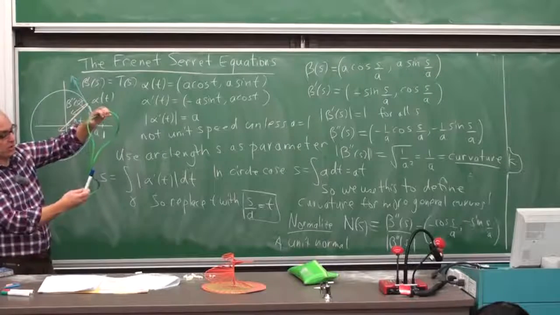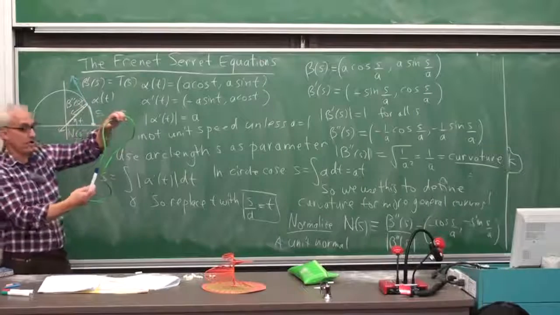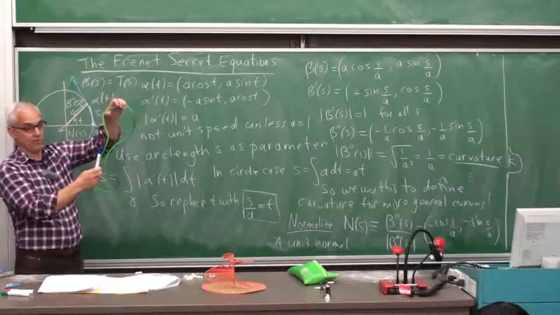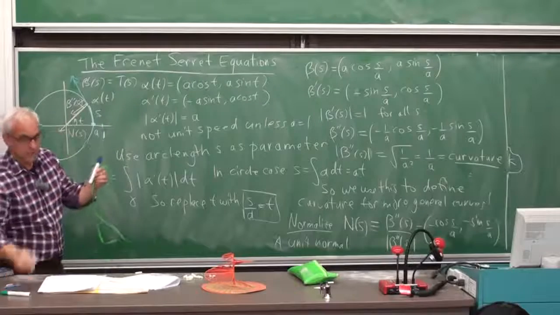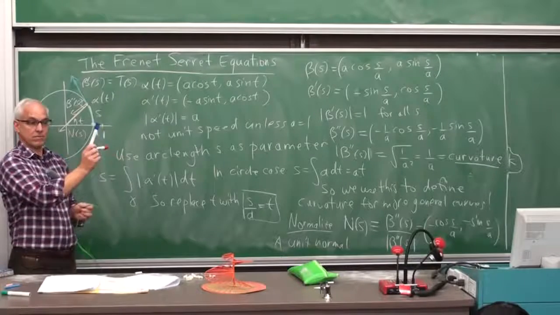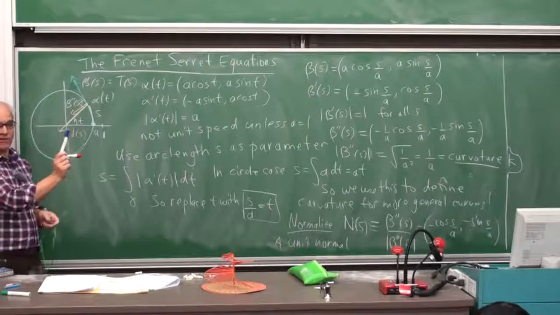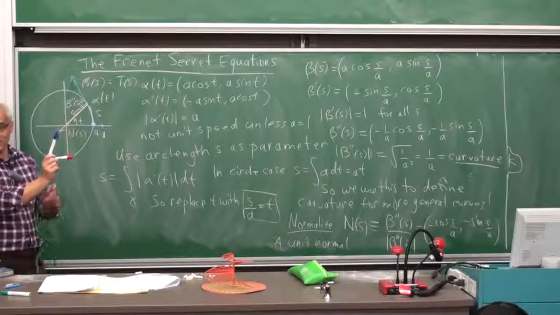What we're interested in doing when we're studying the Frenet-Serret equations is thinking about not just the tangent vector, but also a unit normal vector, which plays the same role as this one, in the direction of the acceleration.